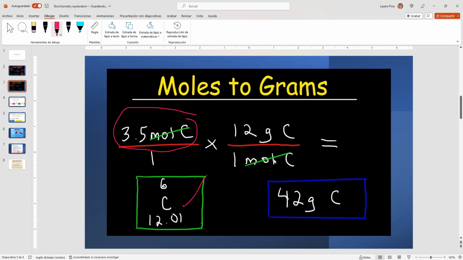Then you cancel mole with mole, and the answer will be in grams of calcium, of carbon, sorry. In this case, the answer is 42 grams of carbon. Two significant figures because the given number has two significant figures.